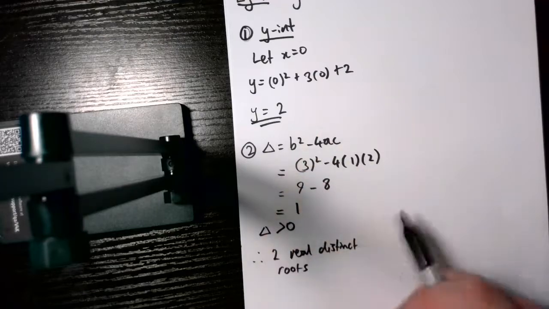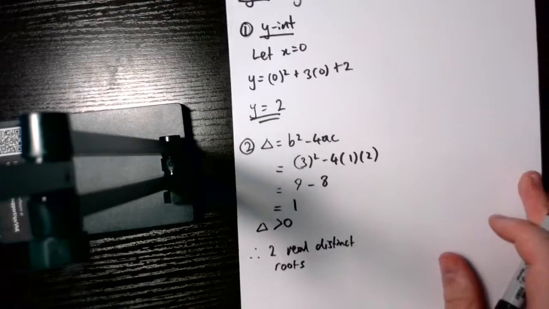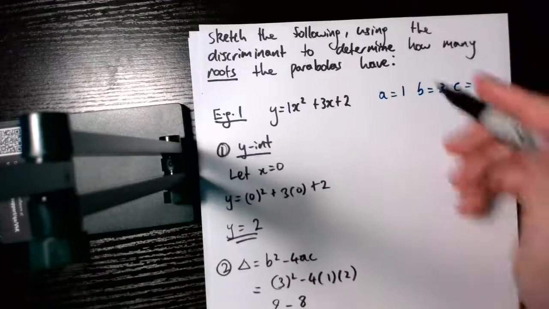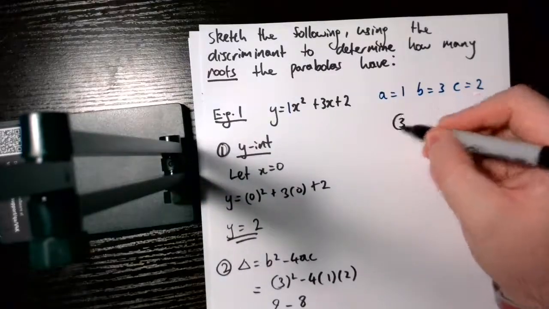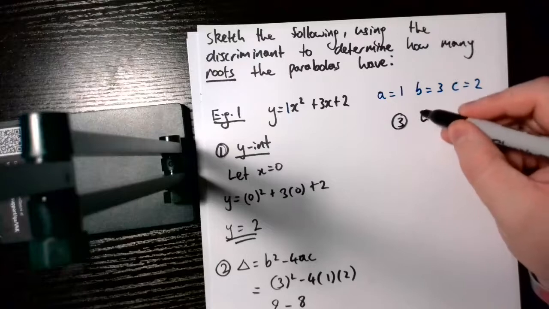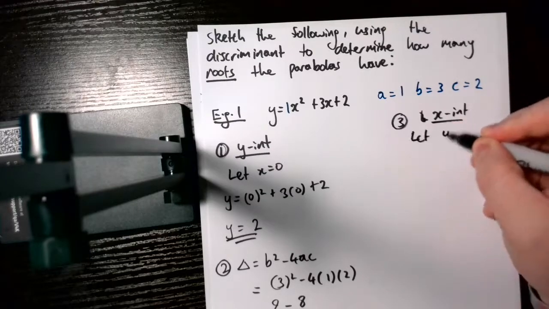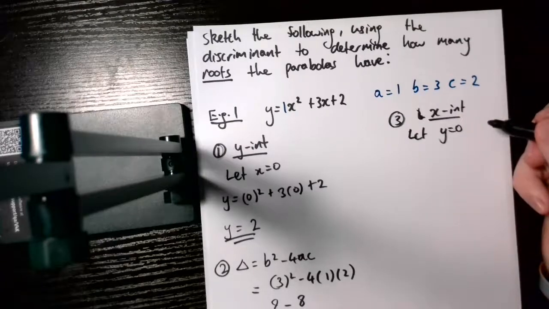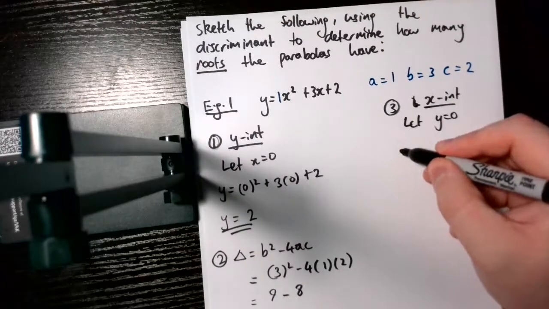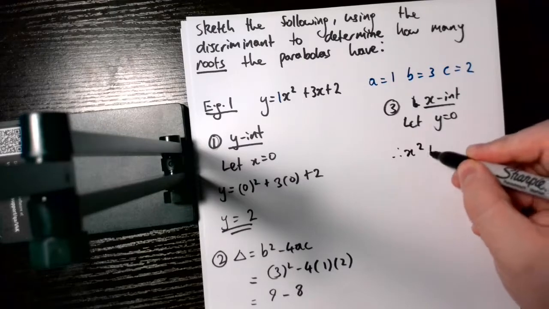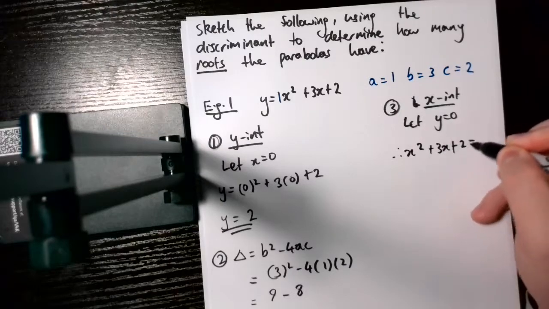So let's go ahead and find them now. Remember, to find our x-intercepts, we let y equal 0. So now we have x squared plus 3x plus 2 equals 0.